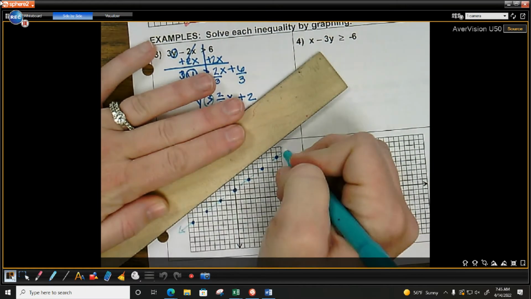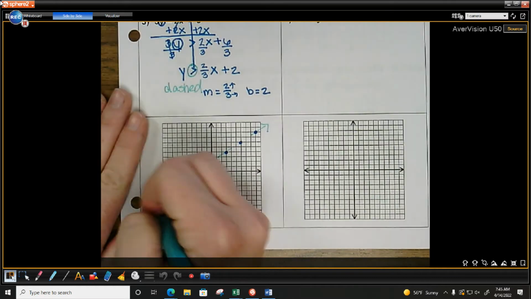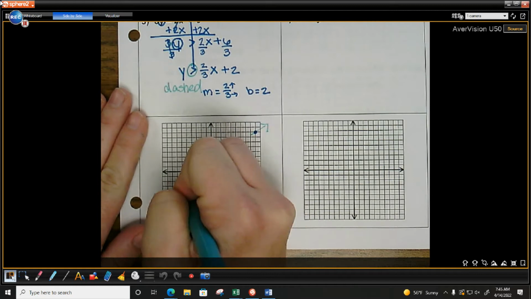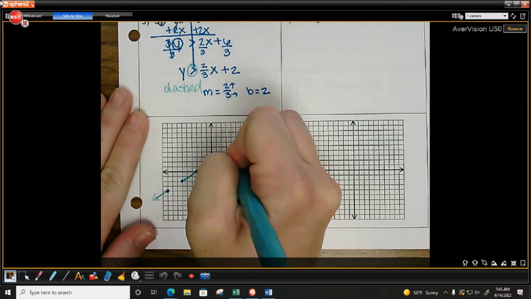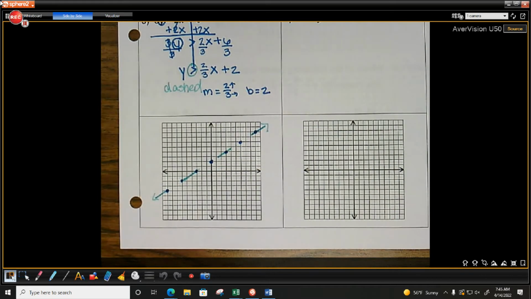There's breaks in it. Again, it still makes a straight line because lines are straight, but you just pick up your pencil. You don't continually draw it. Okay? We good with that?